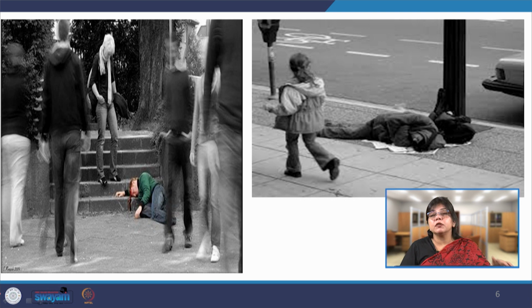In the other picture, it is a similar situation, and the other girl in the picture is passing by. So, these are the attributions that a bystander would make to explain why the victim should not be helped, because it is the victim's mistake that he has been caught in this kind of emergency. So, attribution and attraction play, hand in hand, a significant role in the bystander's helping behavior.